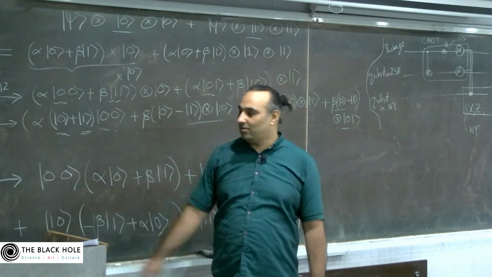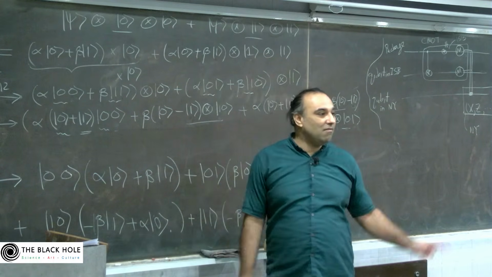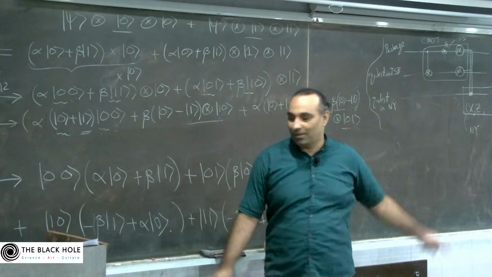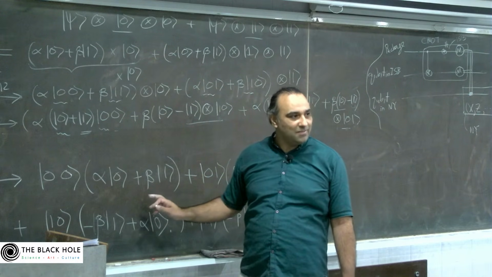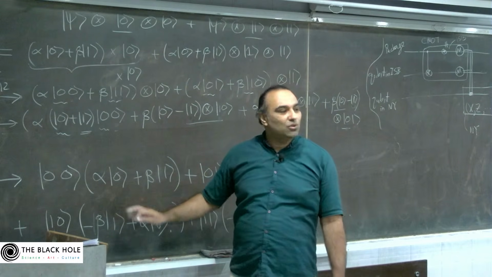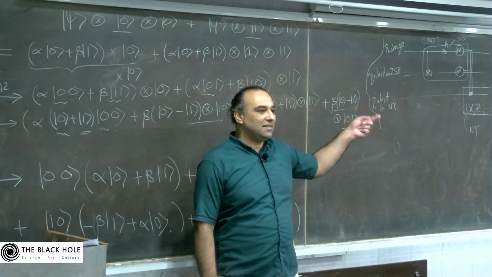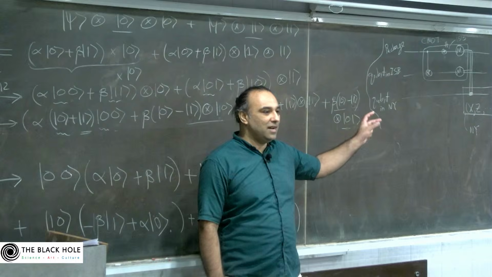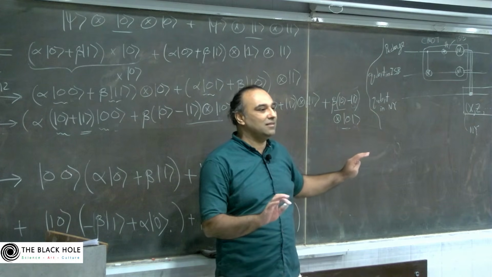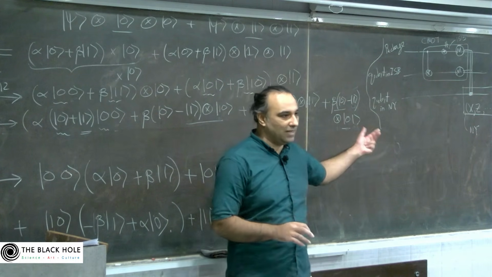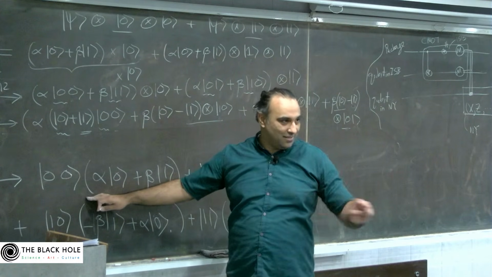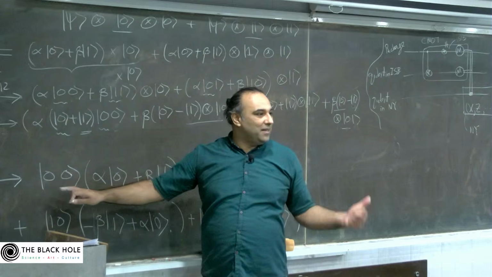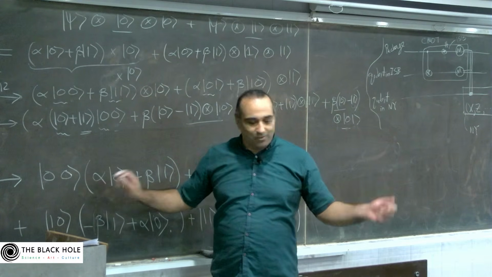If they get 0 0, the state of the qubit in New York would be alpha 0 plus beta 1. This is the same state that we started with. So that state is already transferred, and that office doesn't need to do anything. So the state is teleported.